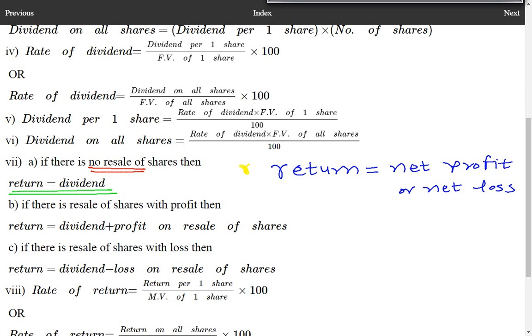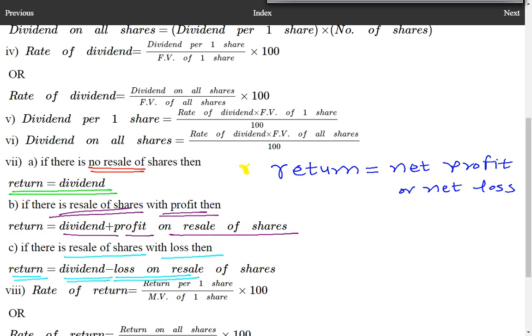If there is resale of shares with profit, then return is equal to dividend plus profit on resale of shares. If there is resale of shares with loss, then return is equal to dividend minus loss on resale of shares.